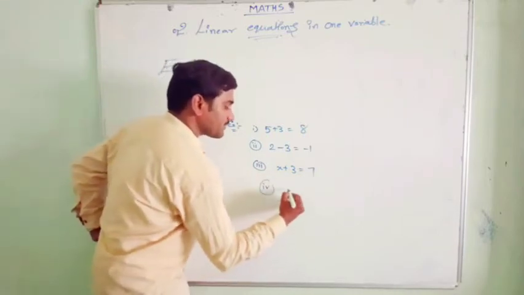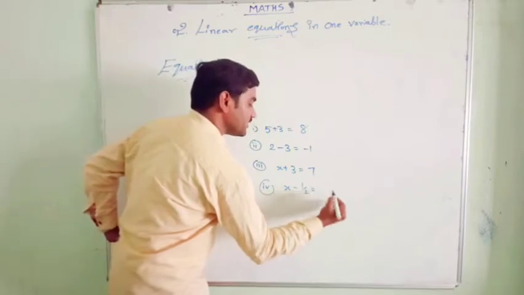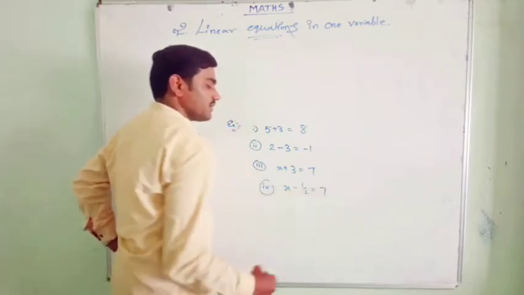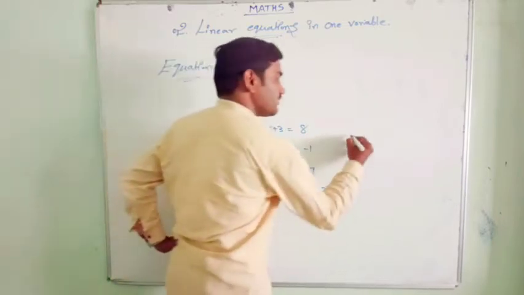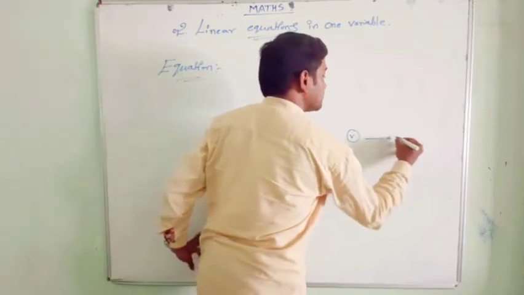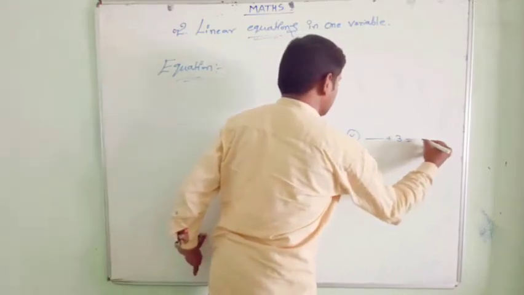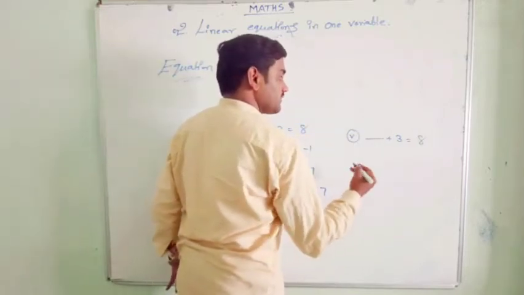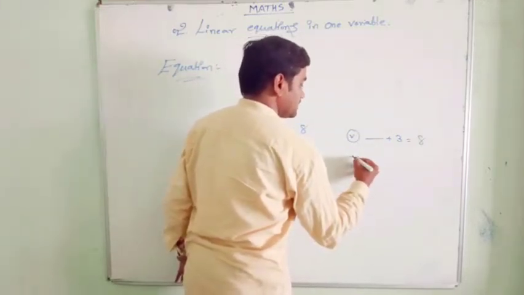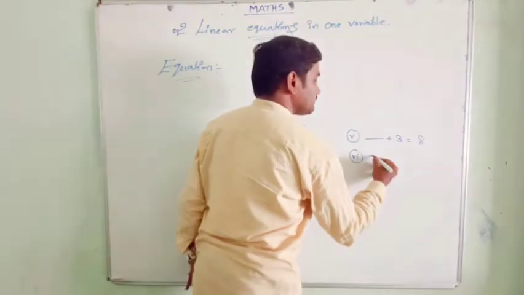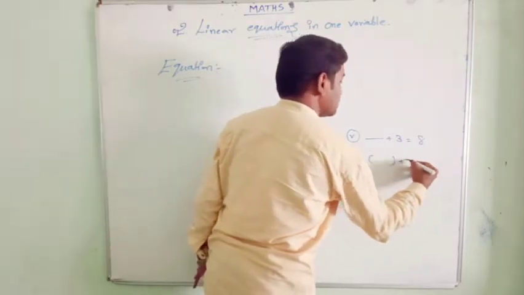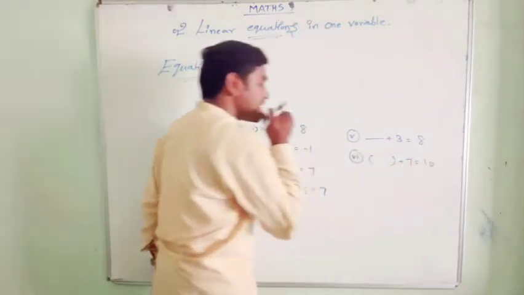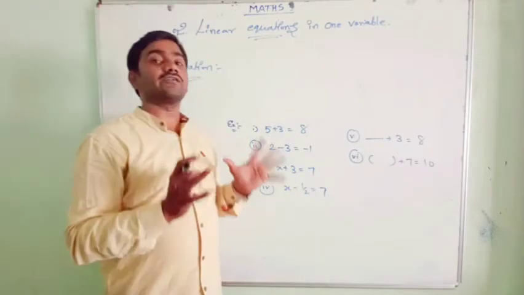The fourth one, x minus 1 by 2 equal to 7. Is it an equation? The fifth one, dash plus 3 equal to 8. Is it an equation or not? Here see, the sixth one, dash plus 7 equal to 10. Is it an equation? Which of these are called equations?